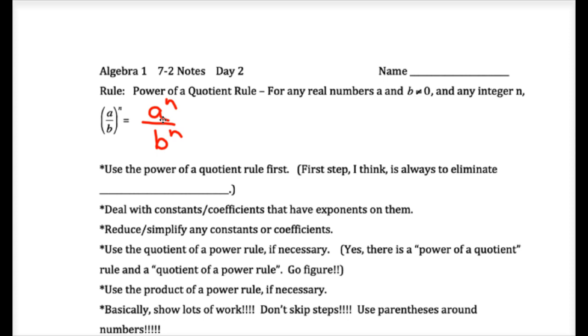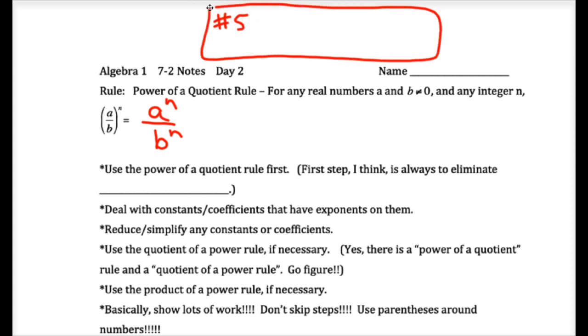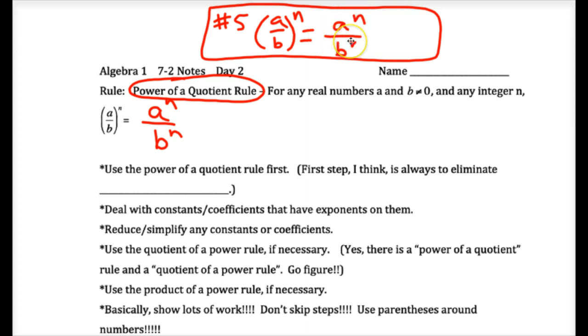Okay, so go over to your note card. Write the power of a quotient rule. What number rule are we on? Is this 5? Okay, write card number 5. Card number 5. It's called power of a quotient rule, and it's the quantity of a over b to the nth power equals a to the nth over b to the nth.